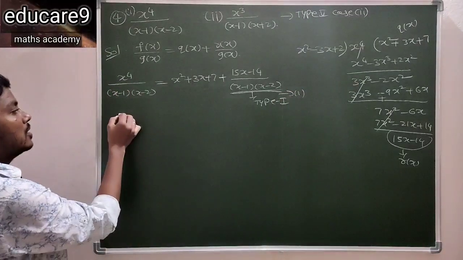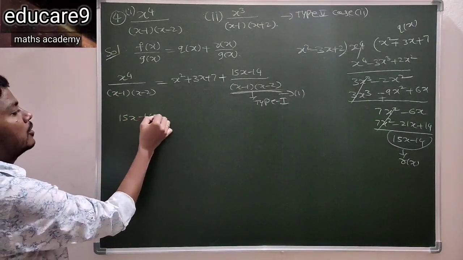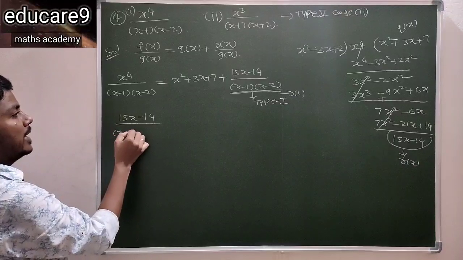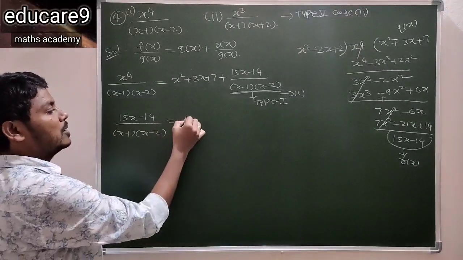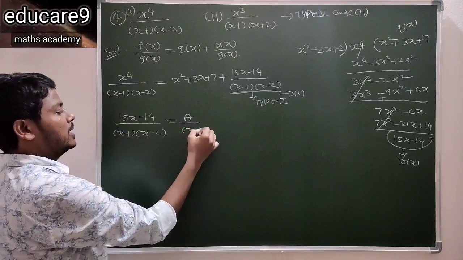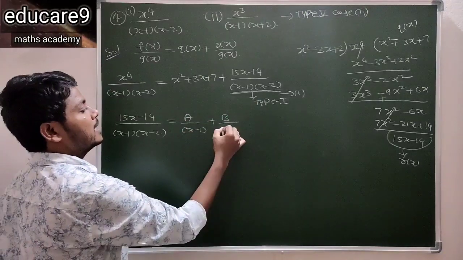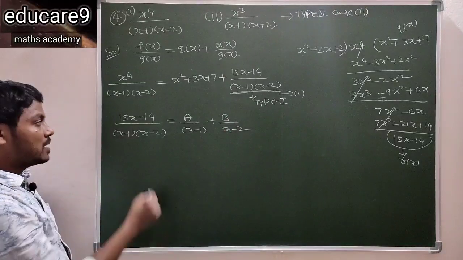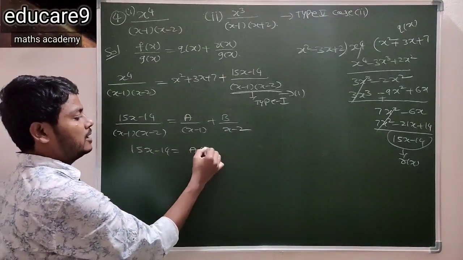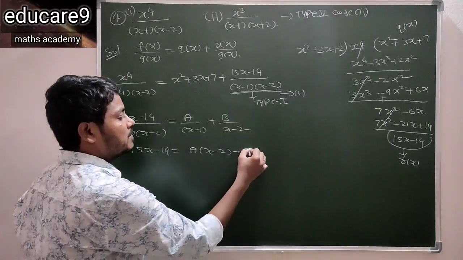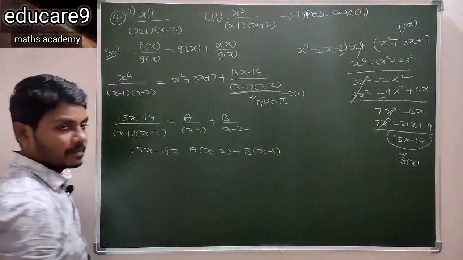See here, therefore 15x minus 14 by x minus 1 into x minus 2. So this is equals to a by x minus 1 plus b by x minus 2. So this is 15x minus 14 is equals to a into x minus 2 plus b into x minus 1.